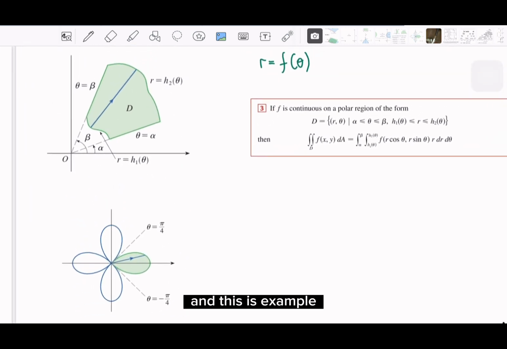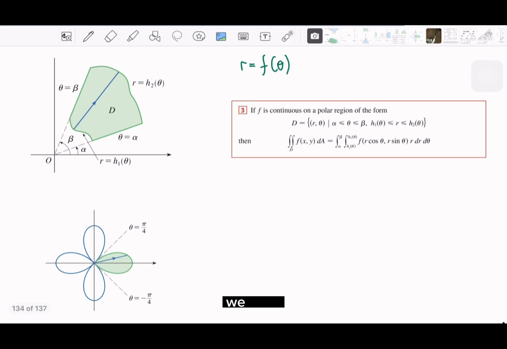Okay, this is an example. Say this is the rose curve.